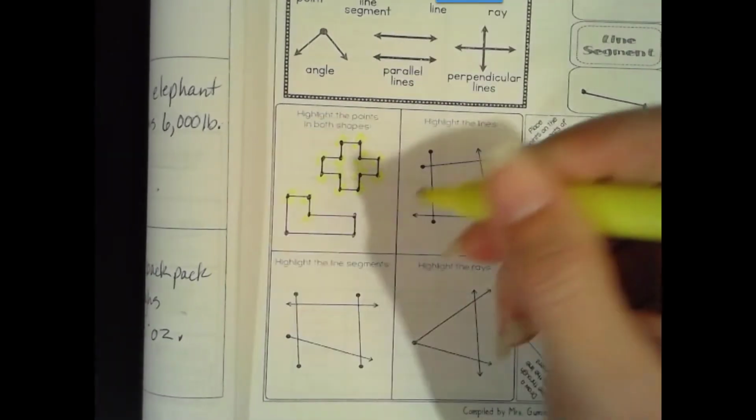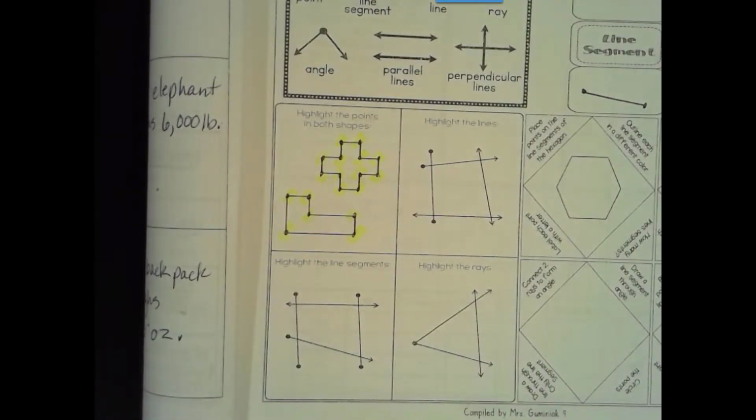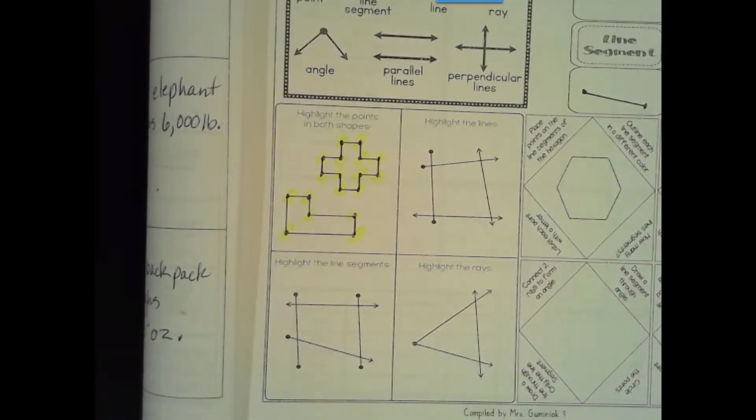I went over it with my pen or pencil first, so it'd be easier to see. But those are all the points on both shapes. Technically there are points in between, but we call those the line segments.